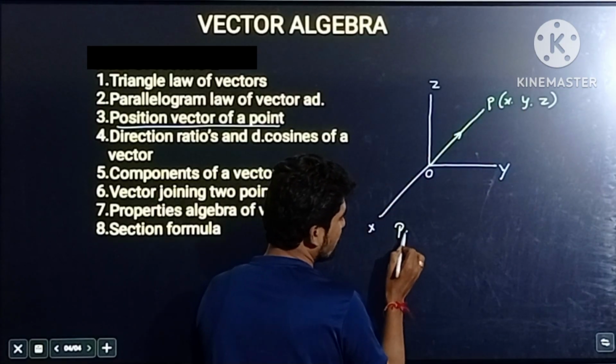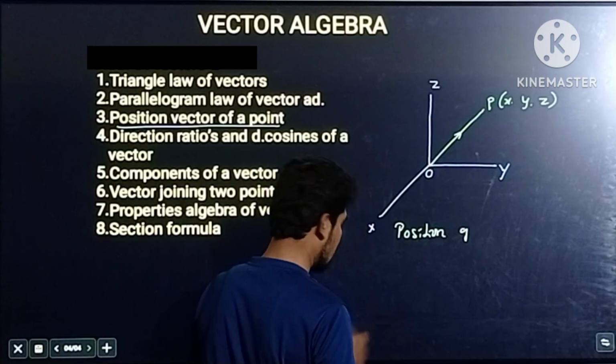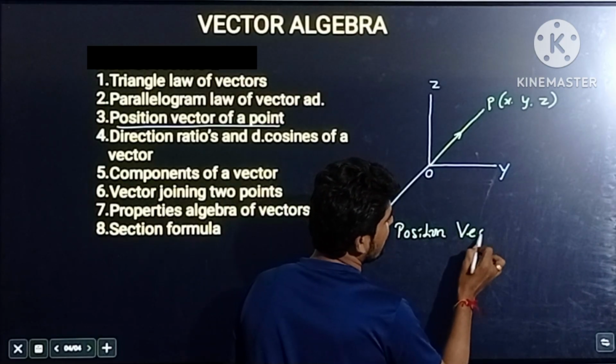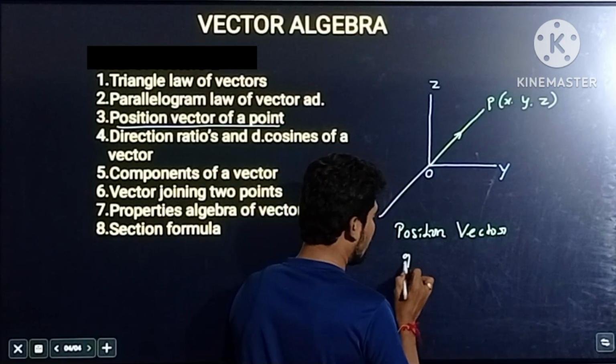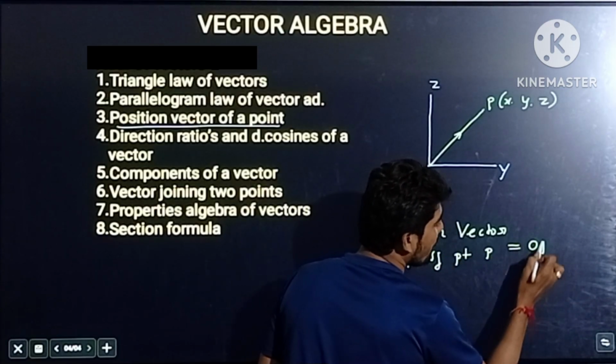Therefore, the position vector of the point P is equal to the OP vector.